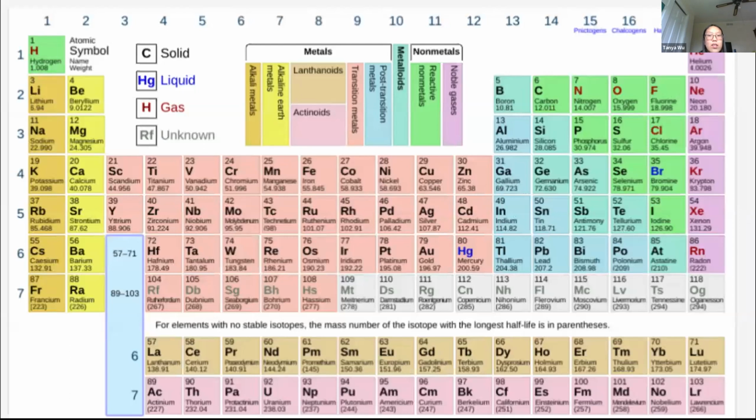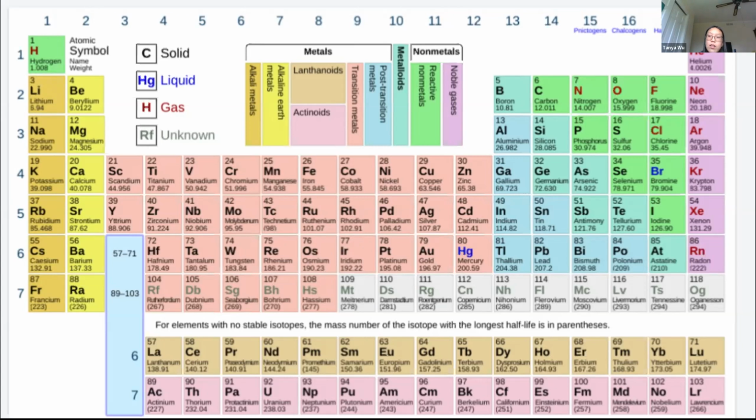Essentially, they have an atomic number, which is the same as the number of protons, the symbol, which if you take a chemistry class, you will probably need to memorize at least the first couple of symbols, the name, and the atomic weight. The reason it's not just integer values is that they have different isotopes.